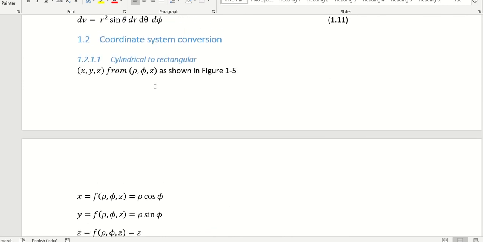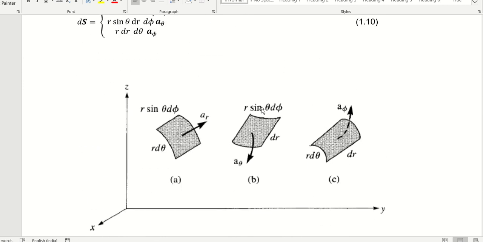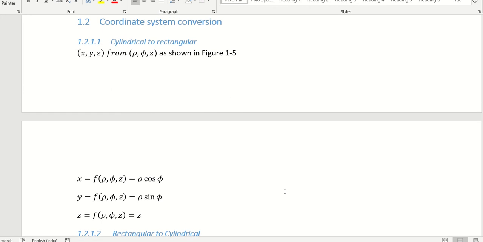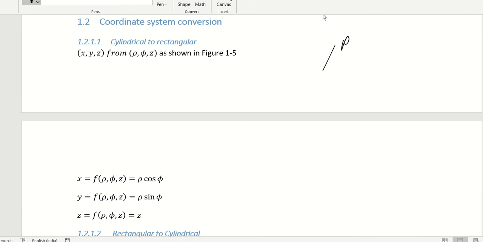So we have first cylindrical to rectangular. What was cylindrical? P was rho, phi and z. From here we want to go to P as x, y and z. You can see z is coming, so z will be z only.